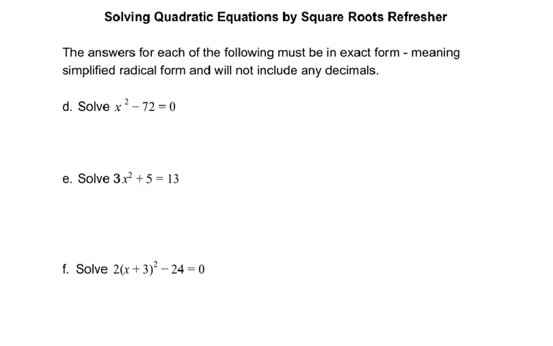So if I have x squared minus 72, the first thing I'm going to do is add 72 to both sides, and I'm going to get x squared is equal to 72. Then I'm going to solve for x, so I need to perform the inverse operation of squaring, which is the square root.